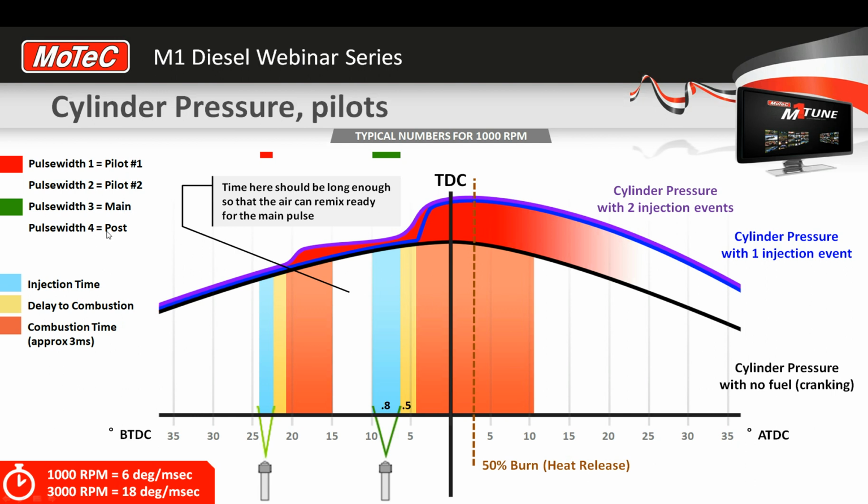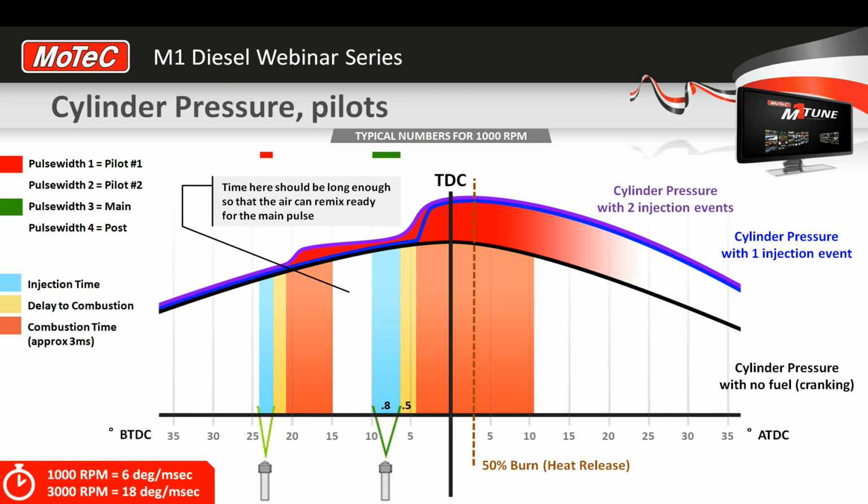Just while we've got the fourth pulse width here, the post pulse width on the screen, the intention of this pulse width, or this amount of fuel, is that it is used after the main combustion has been completed. So it's not a power delivery fuel amount, and that was in our last webinar where we showed you that the post is not used as part of the main fuel calculation.